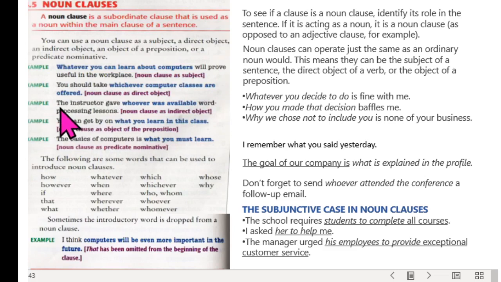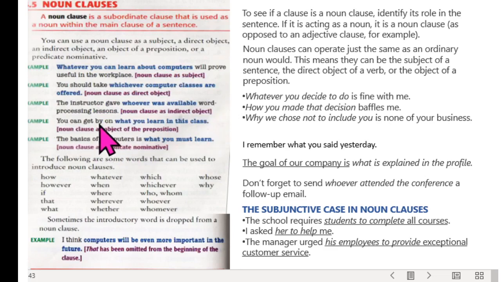Next, the instructor gave whoever was available word processing lessons. The instructor gave word processing lessons to whichever was available. Whoever was available is an indirect object. In the previous one, you should take whichever computer classes are offered. Whichever computer classes are offered is the direct object.